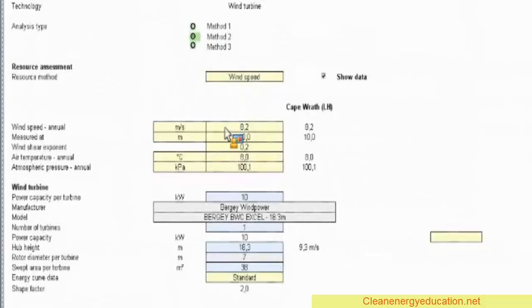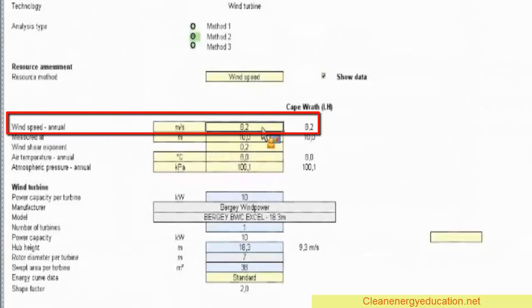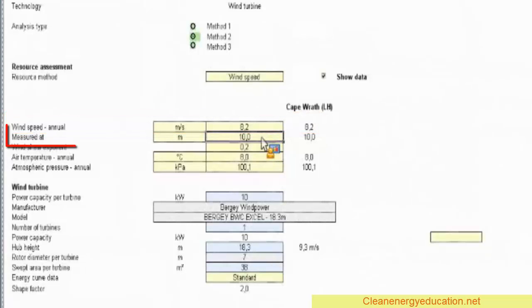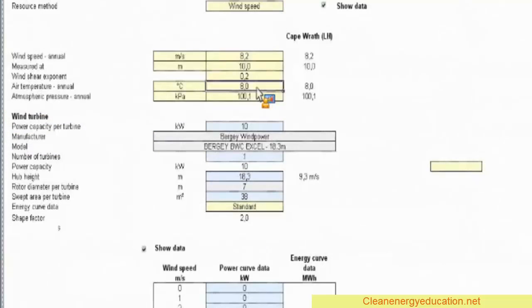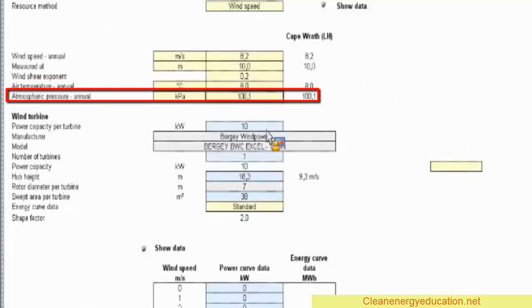So in method 2 we specify an average annual wind speed, 8.2 meters per second, measured at 10 meters high. In this case we should also specify the average air temperature and the atmospheric pressure.